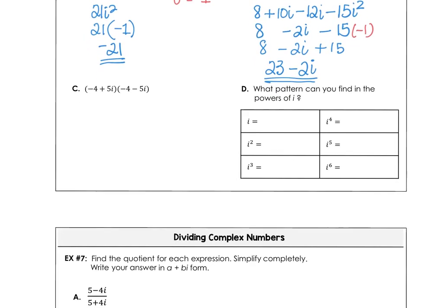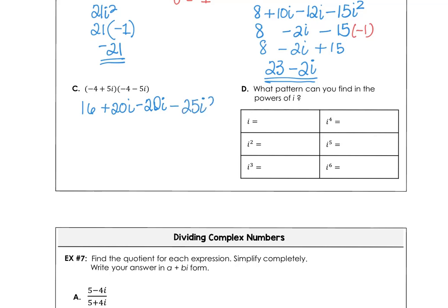In part C, we're multiplying conjugate pairs. Negative 4 times negative 4 is 16. Negative 4 times negative 5i is positive 20i. 5i times negative 4 is negative 20i. And 5i times negative 5i is negative 25i squared.